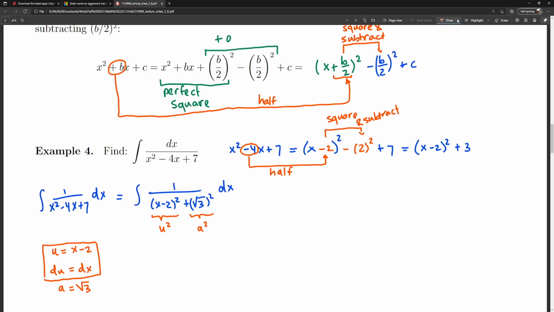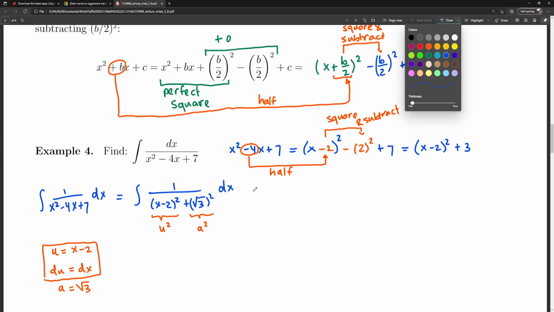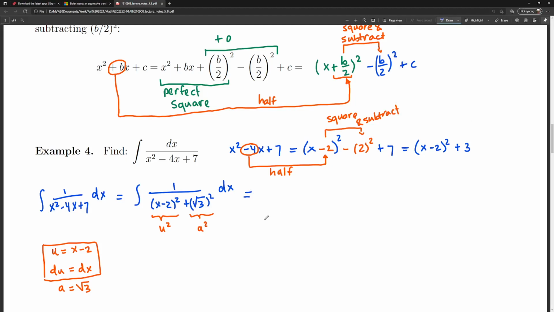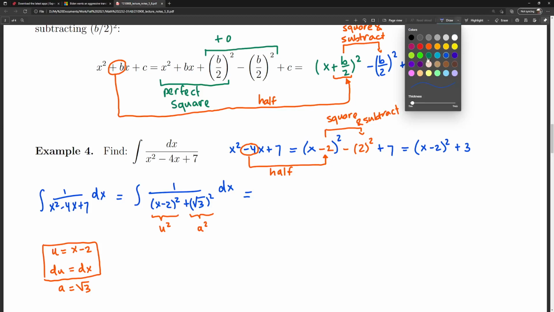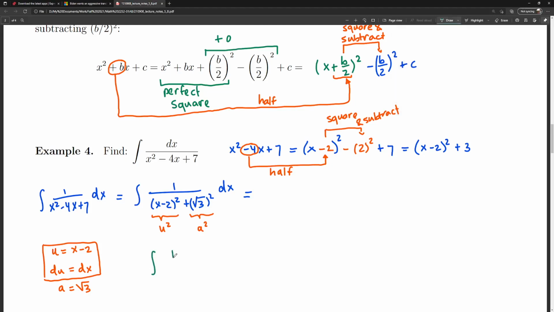So the antiderivative of this integral is going to be, and let me repeat the relevant part of theorem 5.19. It says that the integral of 1 over u squared plus a squared du equals 1 over a times arctangent of u over a plus a constant of integration.